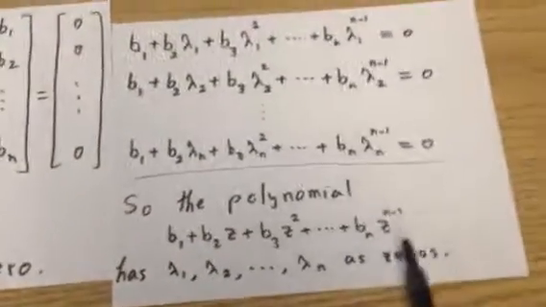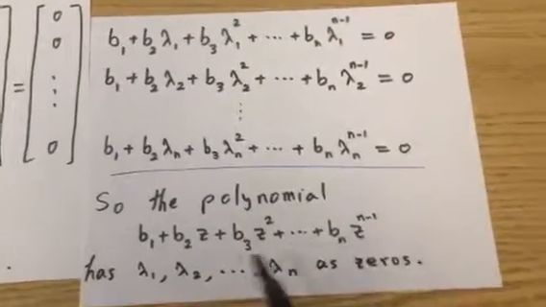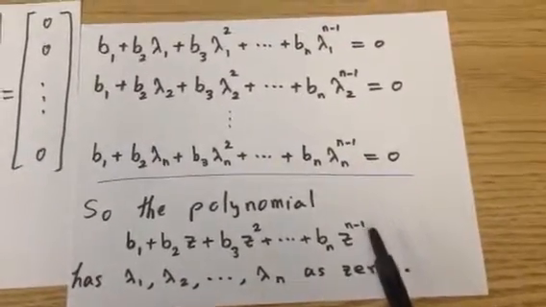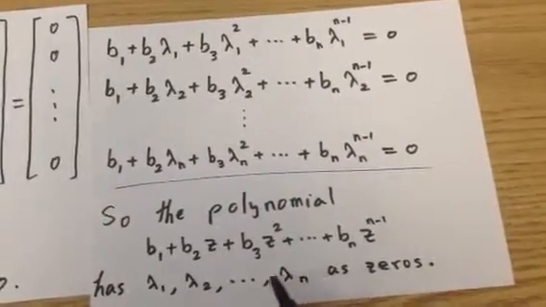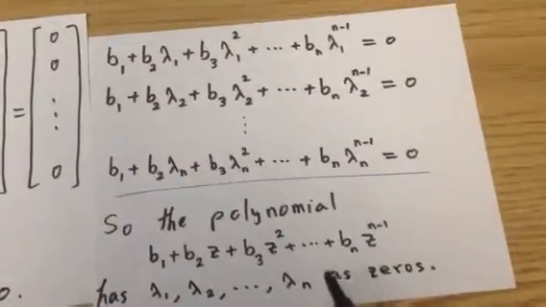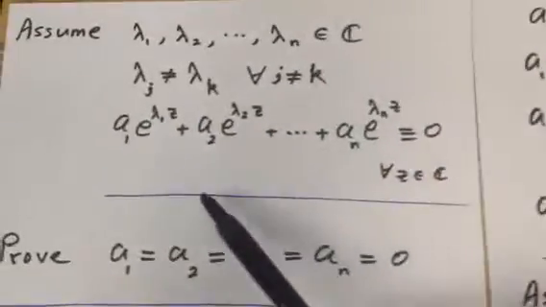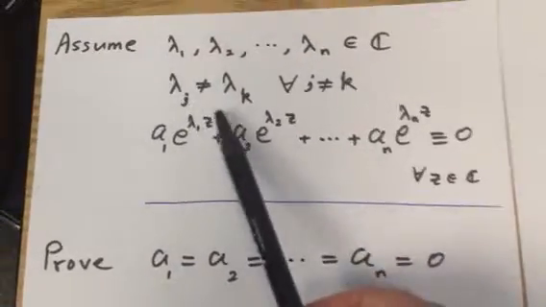What's wrong with that? This is a polynomial of lower degree than n, and it has n distinct zeros.